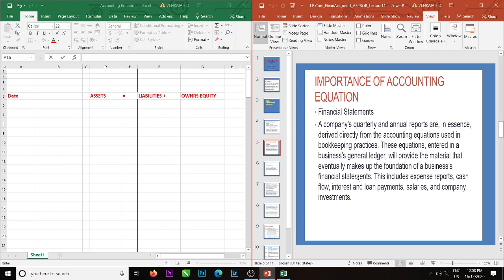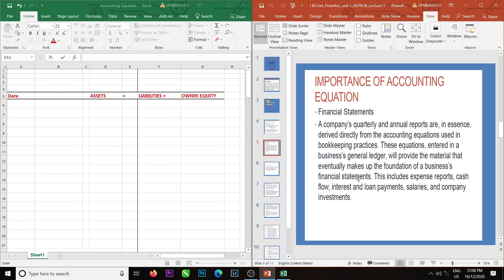You know very well, our process starts from an economic activity, and that activity is measured in financial terms. That financial activity is recorded in the form of a journal entry. That journal entry is posted into ledger accounts. Balances of ledger accounts are posted in the trial balance. From the trial balance we go to our financial statements.